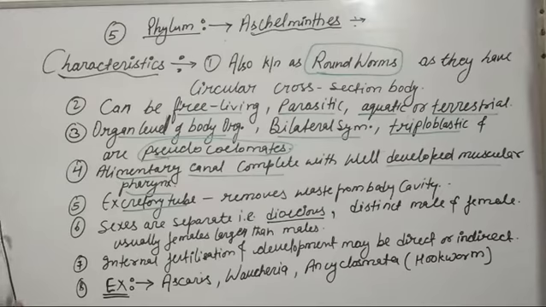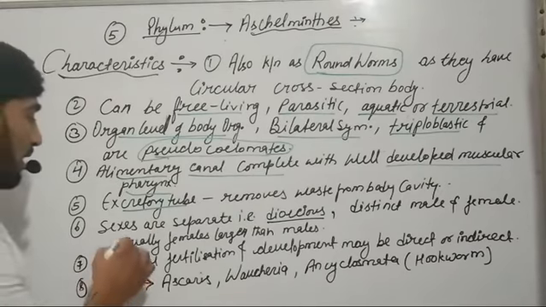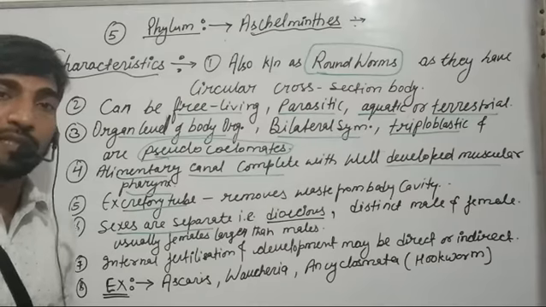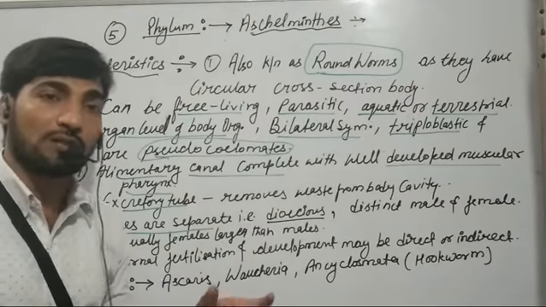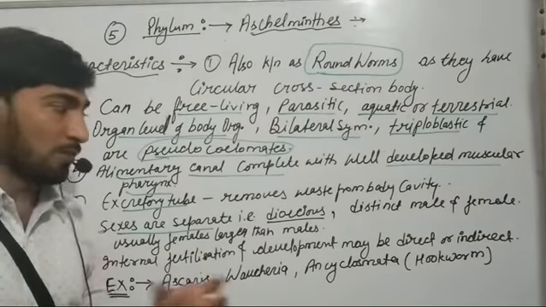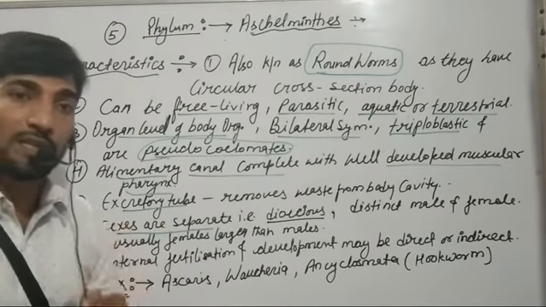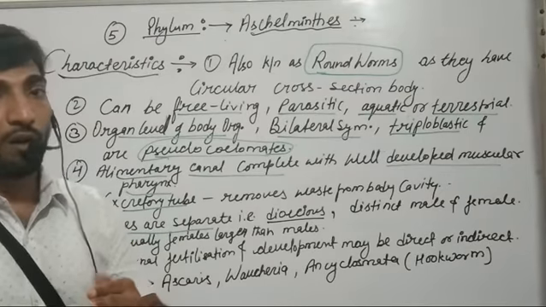Further, these organisms belonging to Aschelminths have separate sexes. Separate sexes means they are dioecious organisms. Dioecious means they have distinct male and female organisms.